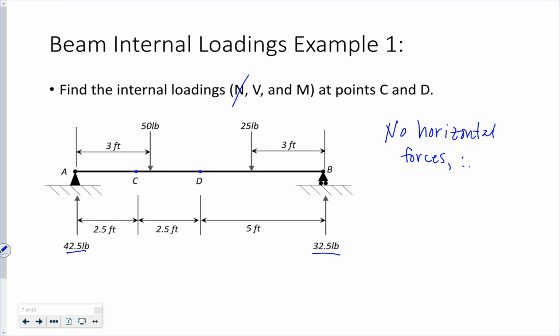Therefore, my support at A, which is a pin, would have a reaction. So therefore, right, my little therefore symbol, my reaction at A in the horizontal direction is 0, and N equals 0 along the length.